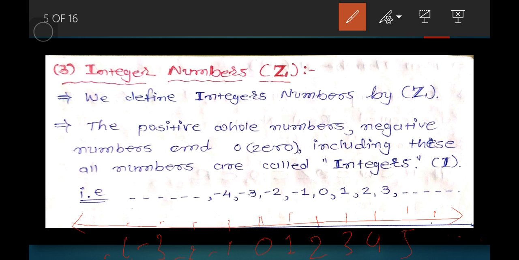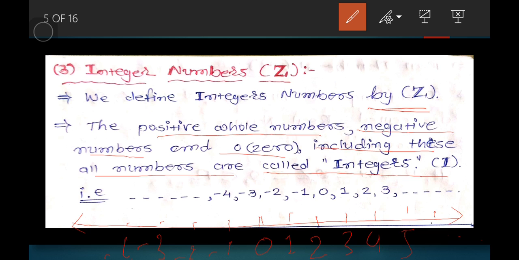Now including all these numbers, negative numbers, 0 and positive numbers, the set of all these numbers is known as integer numbers. We denote integer numbers by Z. The positive whole numbers, negative whole numbers and 0, all these numbers together are called integers.